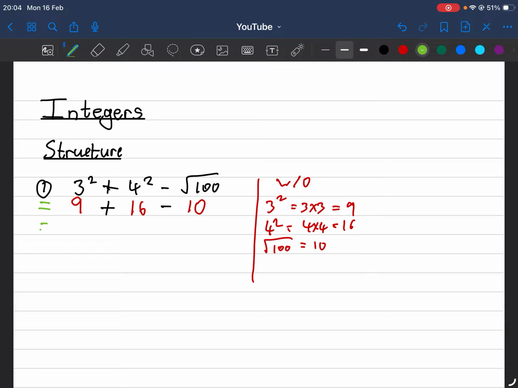And in the next step, I'm going to try and simplify this now. According to BODMAS, one thing you've also got to remember is your BODMAS. Always follow the BODMAS steps: brackets, orders, division, multiplication, addition, and subtraction.